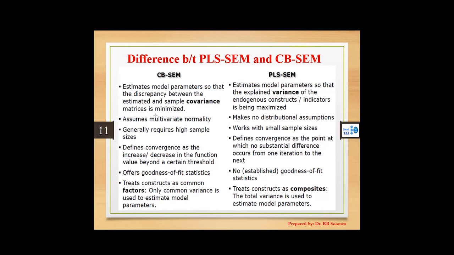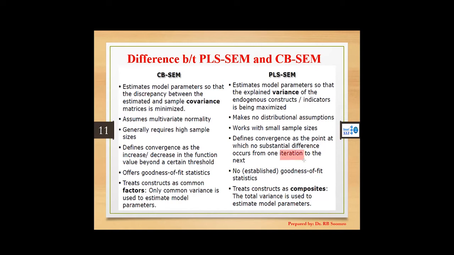If your data is normal, then CB-SEM is a good approach. If you have a small sample size, less than 100, then this approach is better than that one. And convergence is the point at which no substantial difference occurs from one iteration to the next.